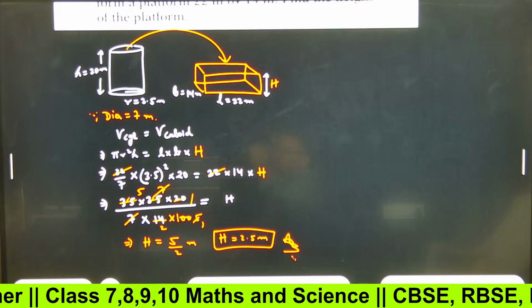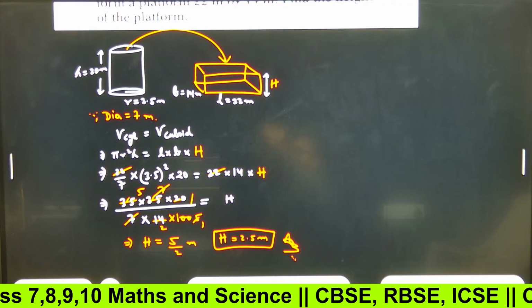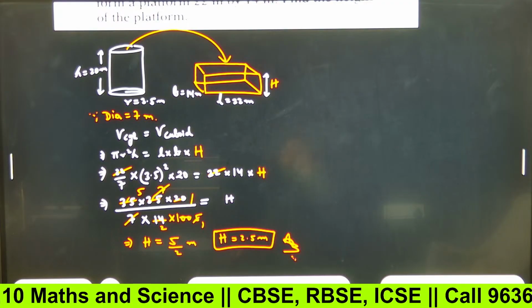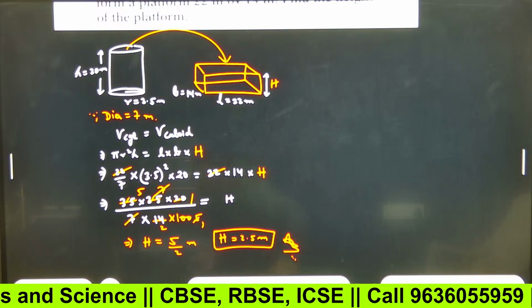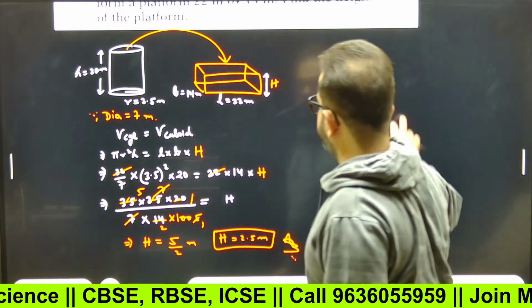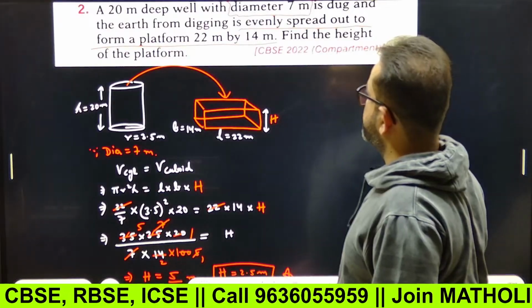The question is, this cylindrical earth is taken out and it is made a platform. That's it. You must copy the diagrams and solve it. It's the question.